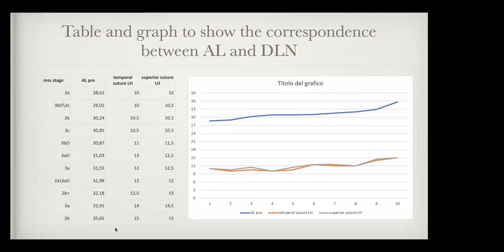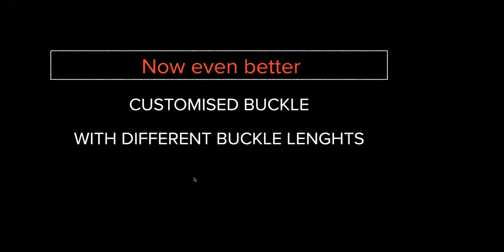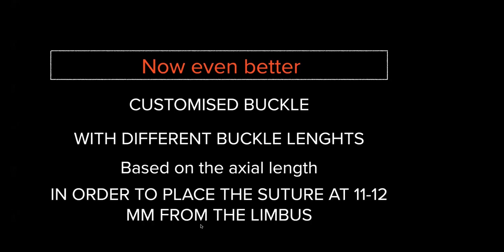I spent a lot of time on this nomogram. But now I think it's even better to propose a customized buckle, and AJL will offer buckles of different lengths based on the axial length of the eye, in order to always place the suture at the same distance from the limbus.